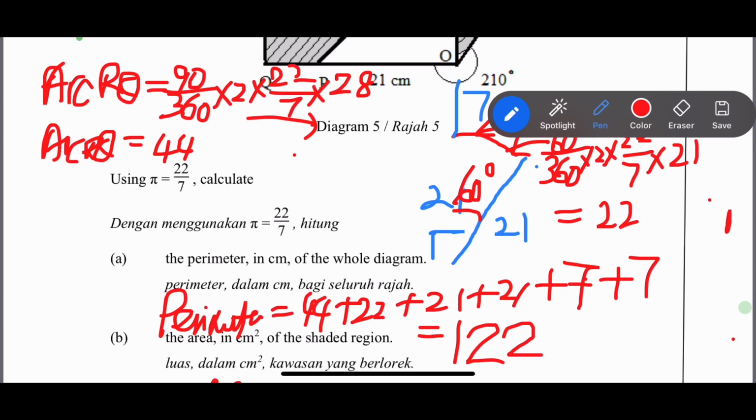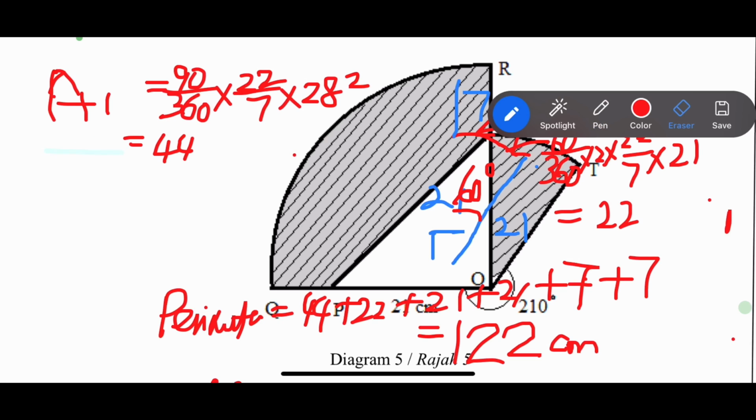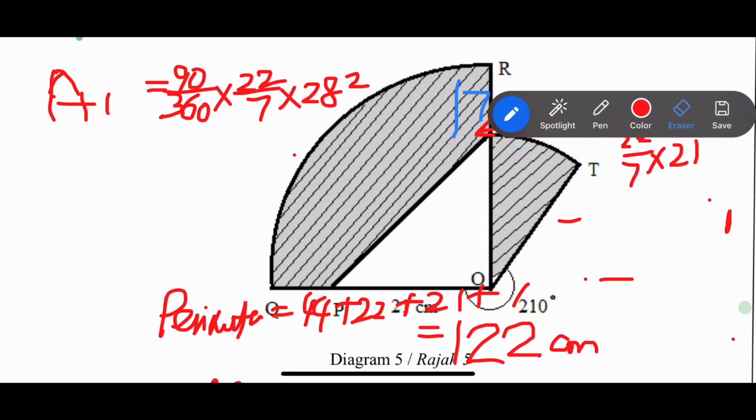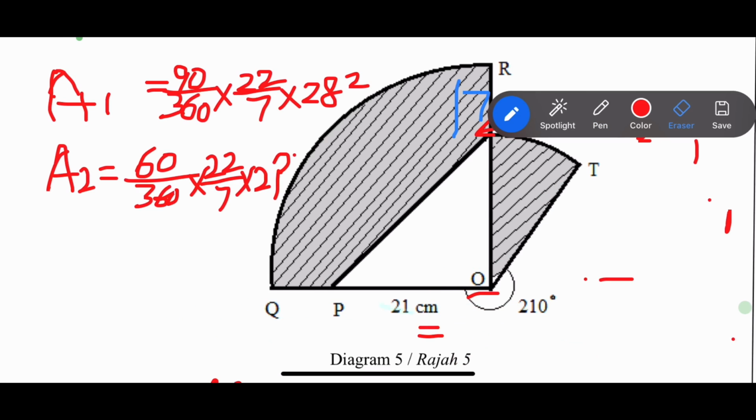Okay, now let's proceed to the next question, which is the area of the shaded region. So we have to find the area for the quadrant is equal to 90 over 360 times 22 over 7 times 28 square, because this is the area for the quadrant for the circle with the radius 28, right? So A2 is the area for the small sector with a small circle is 60 degree over 360 times 22 over 7 times radius is 21 square.